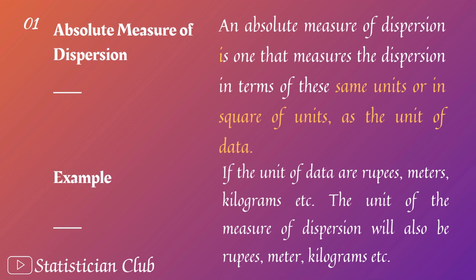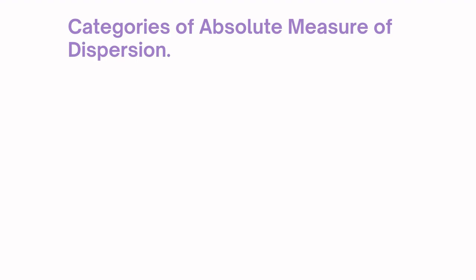If your data is in kilograms, then your measure of dispersion will also be in kilograms. It means you have used the same unit in the complete procedure of data collection and its compilation.